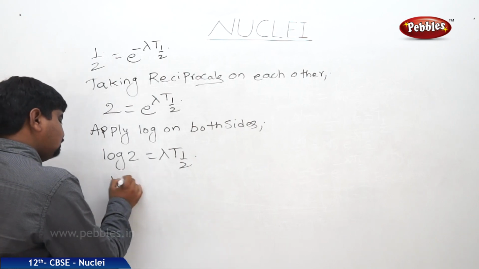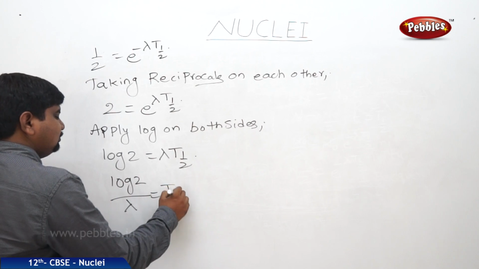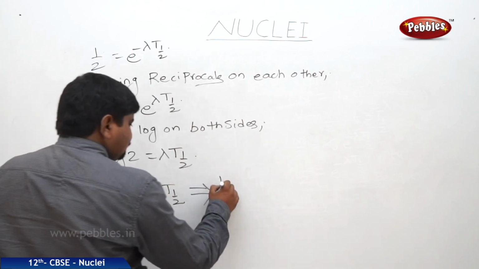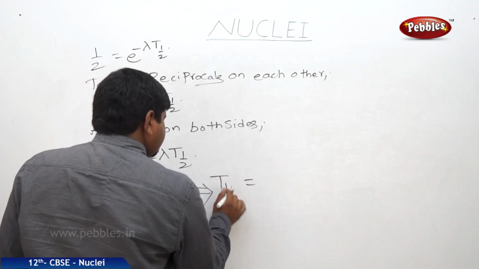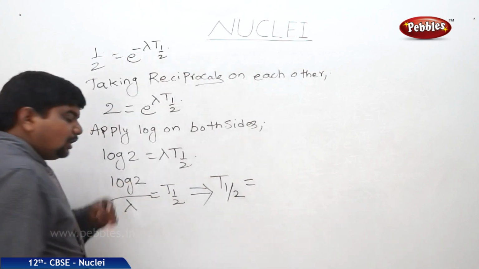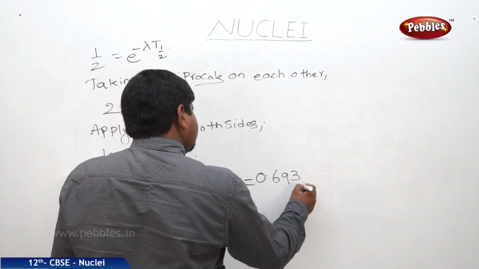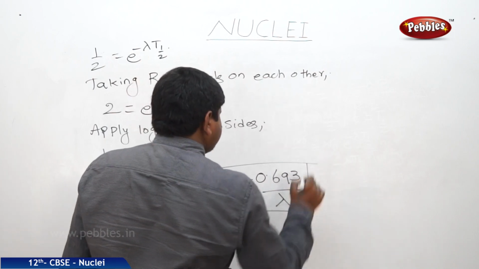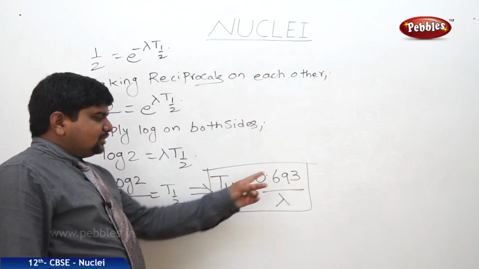Therefore log 2 by lambda is equal to t half. So t half is equal to 0.693 by lambda, since log 2's value is 0.693. So this is the expression for the half-life of a given nuclide, 0.693 by lambda.